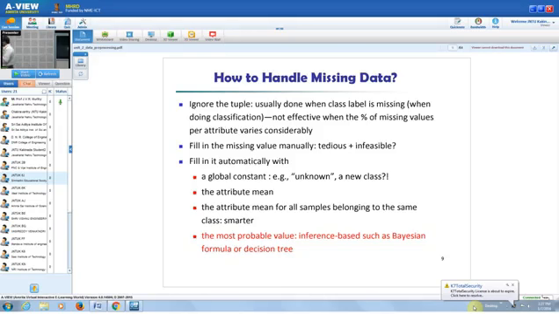What happens if you replace by the mean value of the attribute? Please tell me.